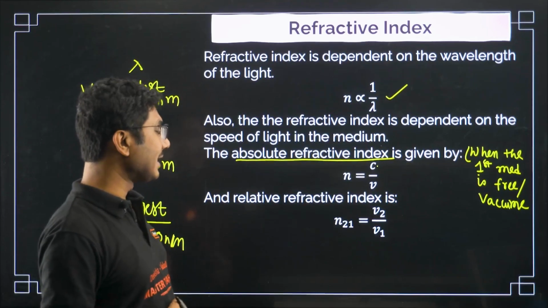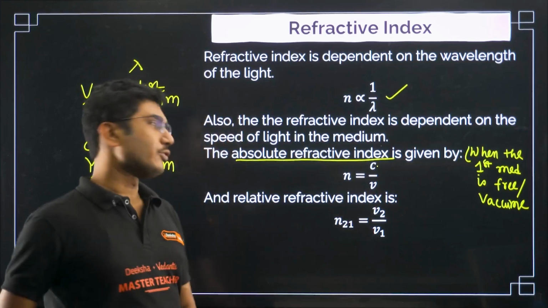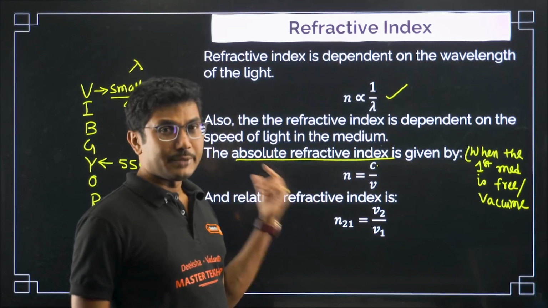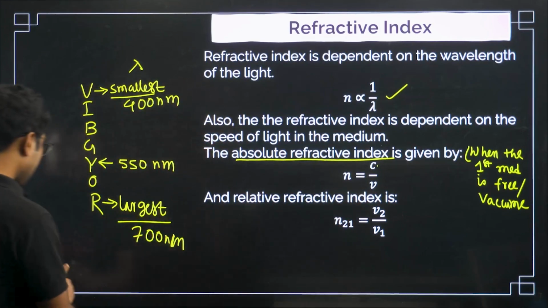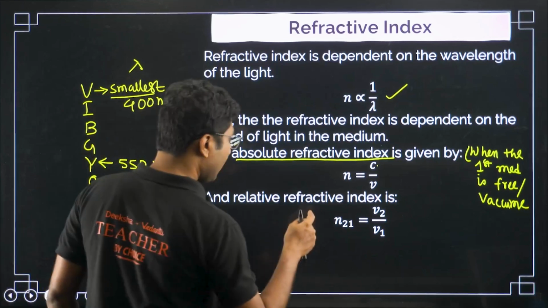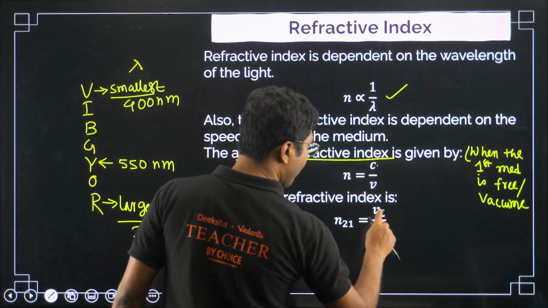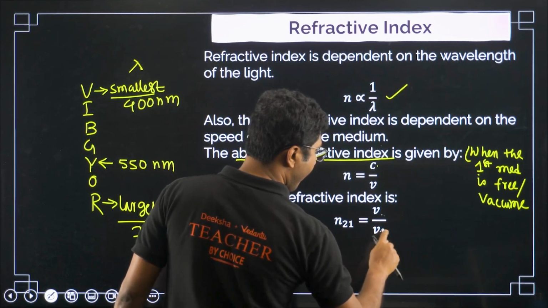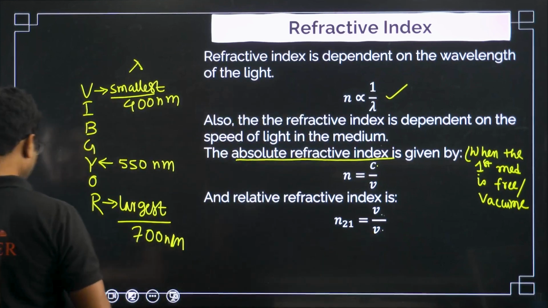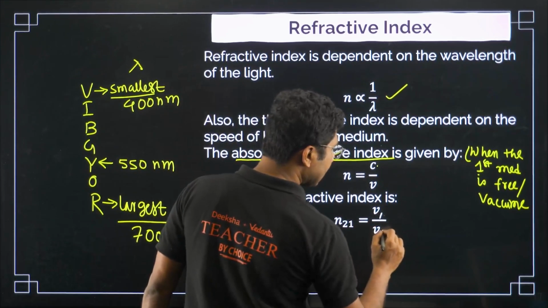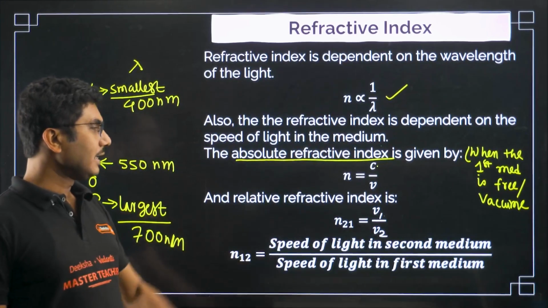And the relative refractive index N21 is given by V2 by V1. Okay, so if you are measuring the refractive index of medium 2 with respect to medium 1, sorry, there is one mistake, it will be V1 by V2. The speed of light in the first medium, from where the light is coming, divided by the speed of light in the second medium, where the light is going.